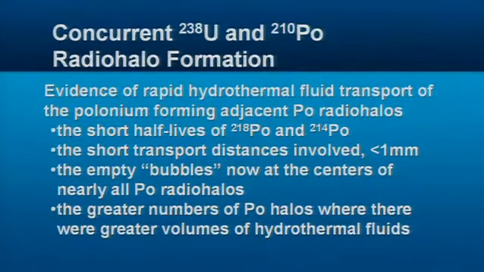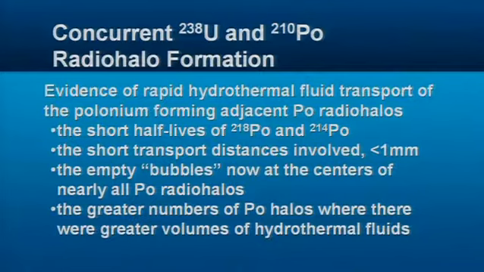So, what is the evidence for this rapid hydrothermal fluid transport model? Well, the short half-lives certainly indicate it has to be a rapid process. The short distances are fine, less than a millimetre. We often find empty bubbles that probably were filled with fluids, and now we're finding evidence of salt crystals that are left over from those fluids.